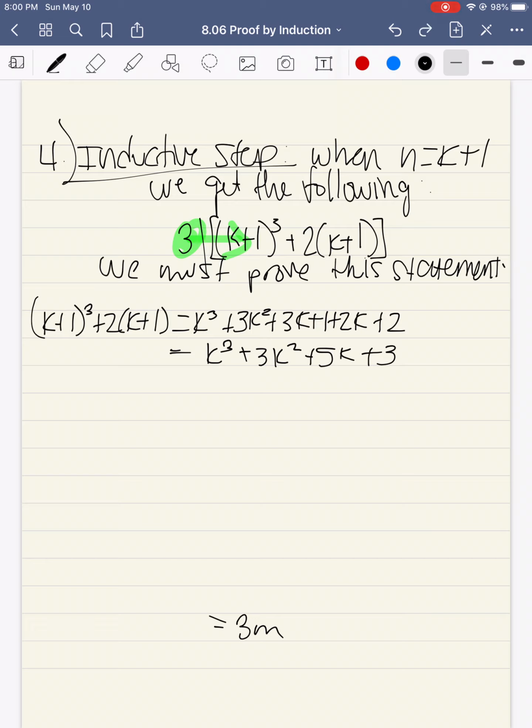So in order to do this, I need to be able to factor out a 3. Well, I can see some issues with this right away. I have no 3 here, and I have a 3, but it's attached to a 2. So looking at this, I'm kind of stuck. I'm thinking, well, what the heck am I going to do? But wait a minute.